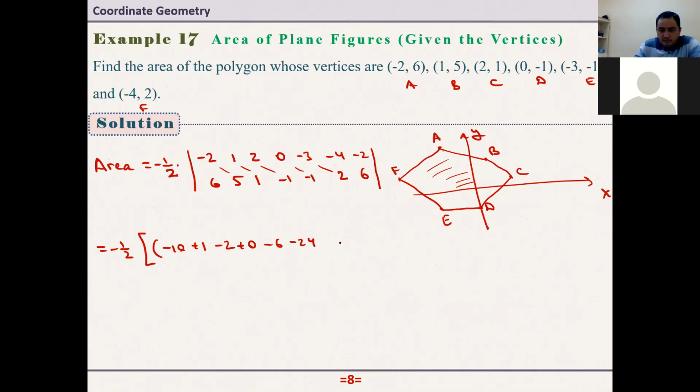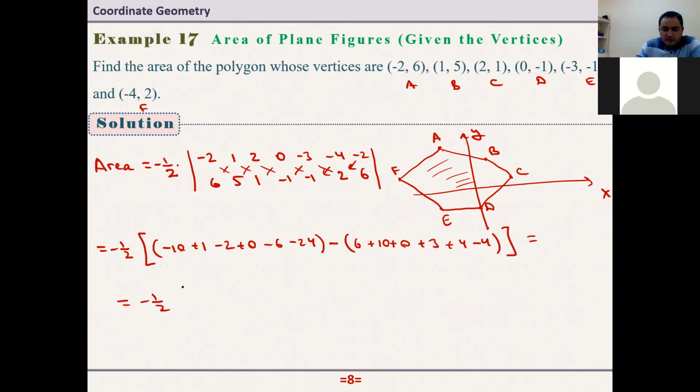Negative 1 times 6. It is 6. 2 times 5 plus 10. 0 times 1, 0. Negative 3 times negative 1, plus 3. Negative 4 times negative 1, plus 4. Negative 2 times 2, negative 4. That is the area of this polygon.